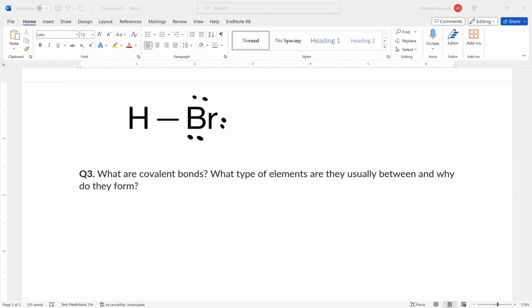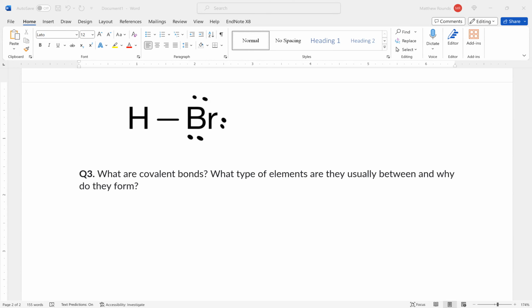There's a section on covalent bonds. Just give me a second. All right, let me go look at the code. Yeah, there we go. I found the covalent bonds.